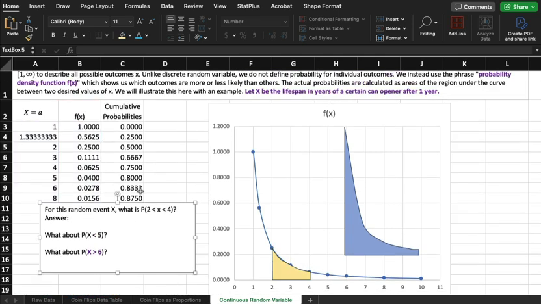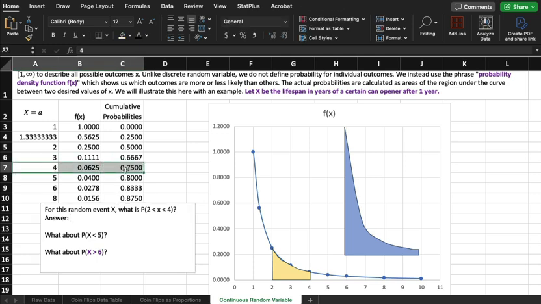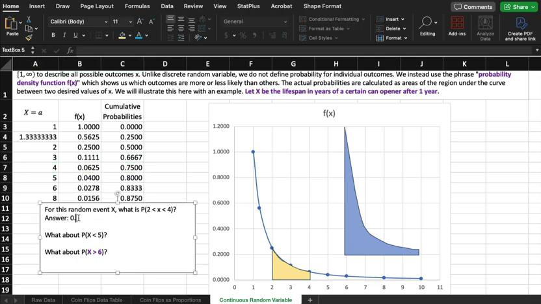So how do we do that? We look in our table and we look for the cumulative probability for x equals 4, which is 0.75. Notice I'm completely ignoring column B. Anything under the little f of x is ignored. We don't touch those numbers at all.